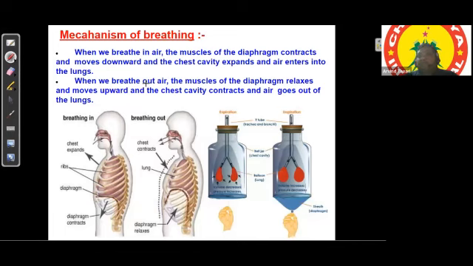So that is what you have to remember. When you take in air, your chest cavity is expanding like this, and your diaphragm muscles are moving downward. So think and answer. Read each statement carefully.